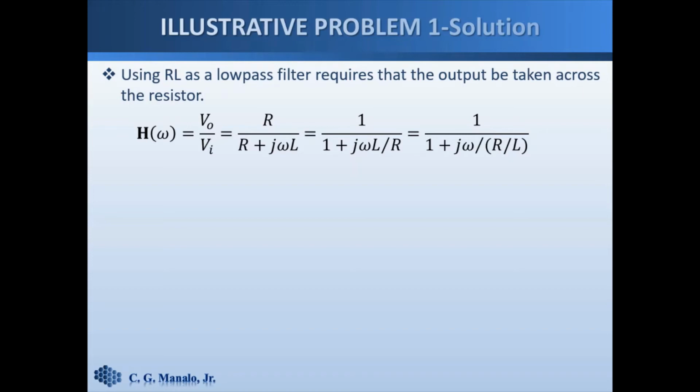So using a voltage divider to get this ratio, we will arrive to this expression, and simplifying that, it will give us like that. So it is just a simple pole with p equals negative R over L. Okay.